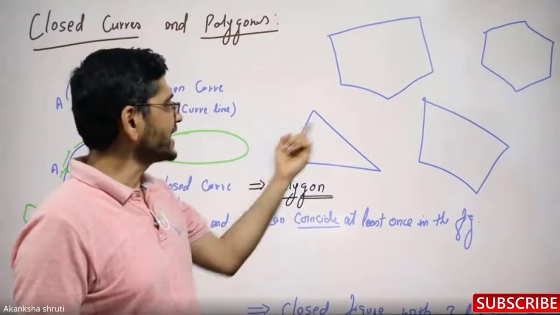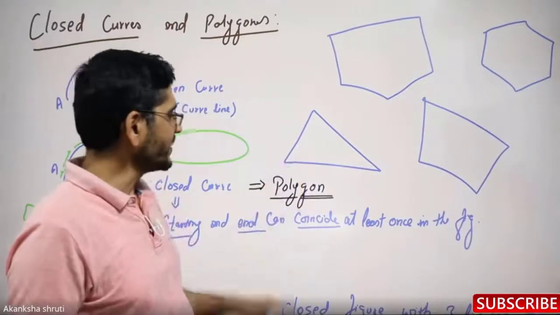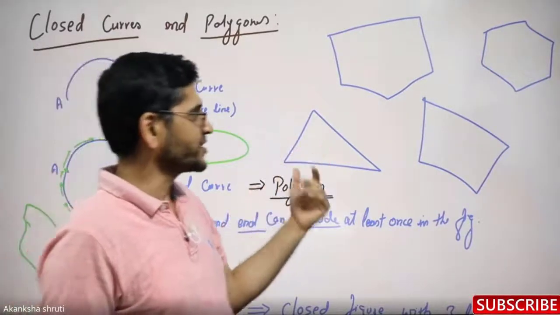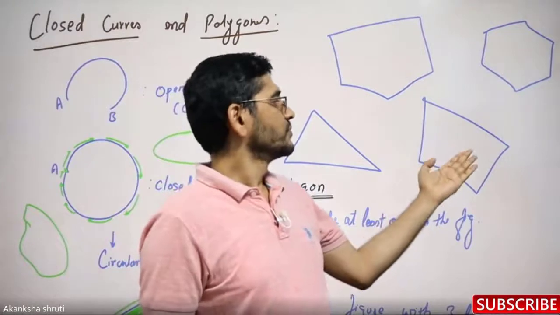So a minimum of 3 line segments is required. It is our triangle. More than 3 line segments may be taken to bound the area.